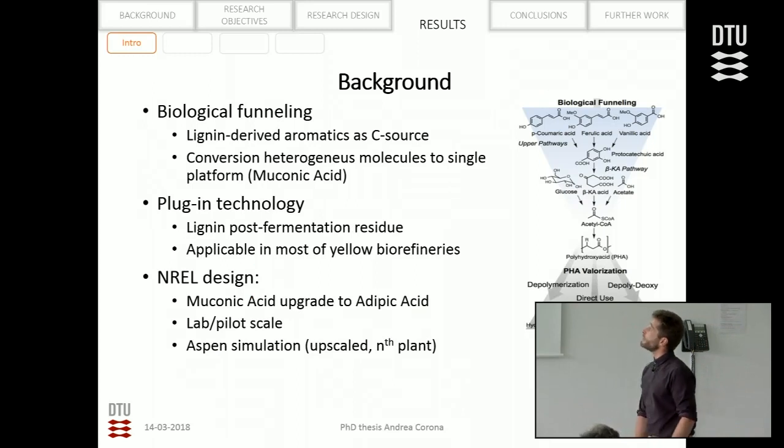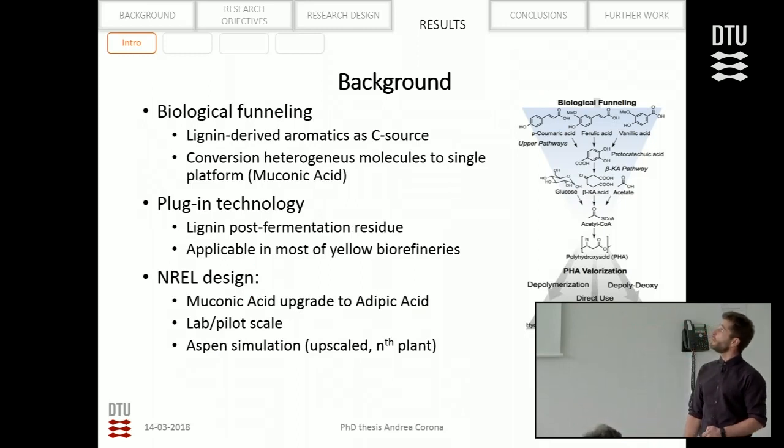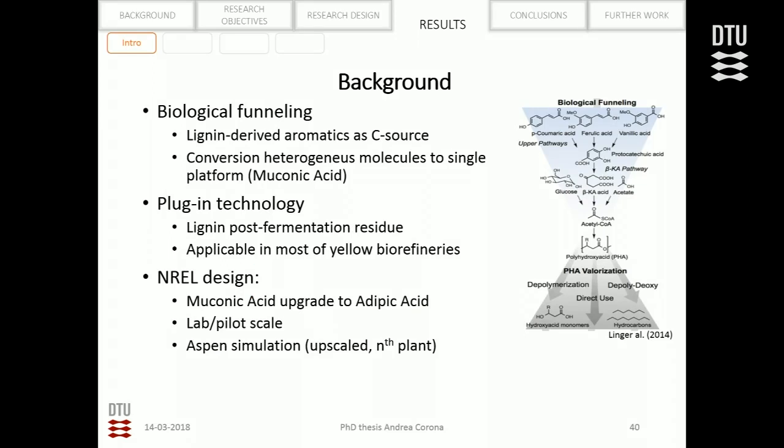So an emerging process that's been suggested is called biological funneling. In this case, we use metabolically engineered organisms which are capable of using the aromatics from lignin as a carbon source. The capability of these organisms is that they are capable of digesting different types of aromatic compounds, but they produce only one intermediate product.